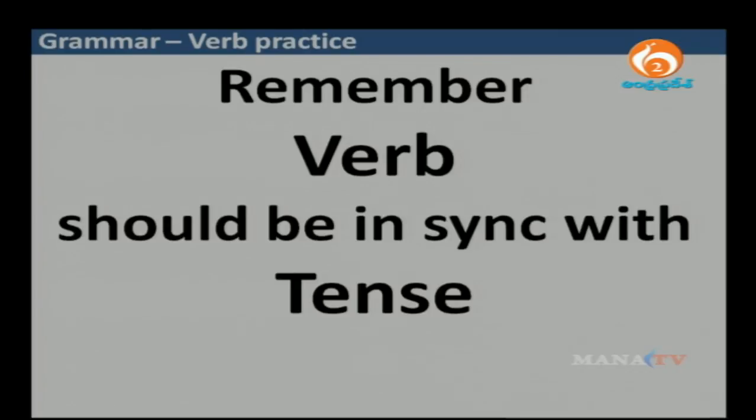In case the action has already taken place in the past, the verb should have a past tense form. I gave you some examples of past tense form, so please ensure that you're using the past tense form for all the verbs. In case the action is happening in the present, you need to ensure that it is a present tense form.